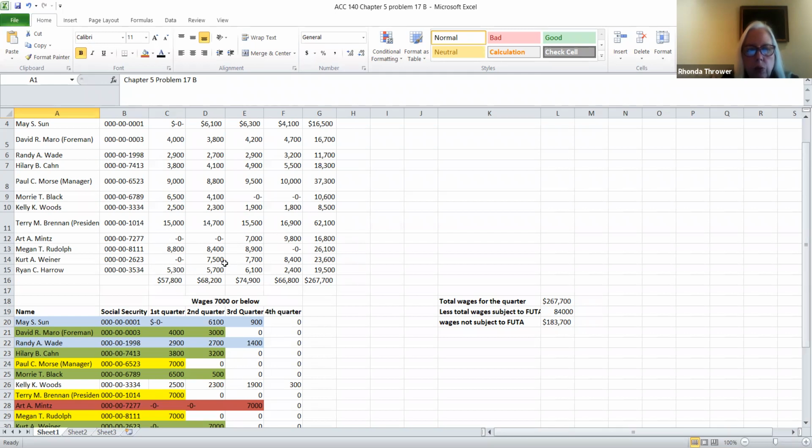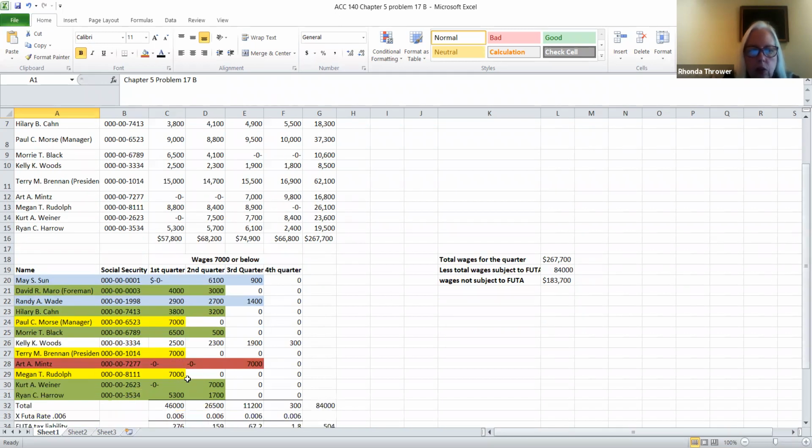And for Weiner, all $7,000 is in the second quarter. And I've got all of these in the spreadsheet down here where you can see them. And then Ryan Harrow, $5,300 was taxable in the first quarter. If you take $7,000 and subtract $5,300, that leaves you with $1,700 that would be taxable in the second quarter.